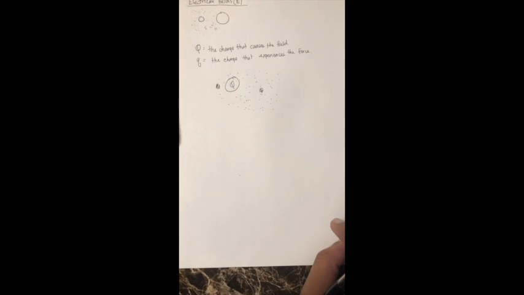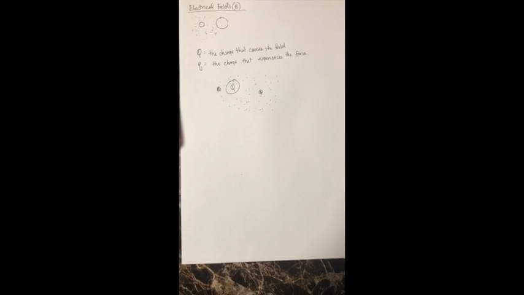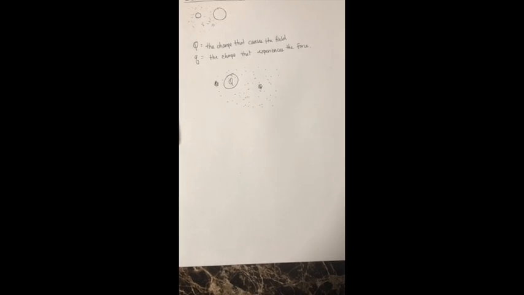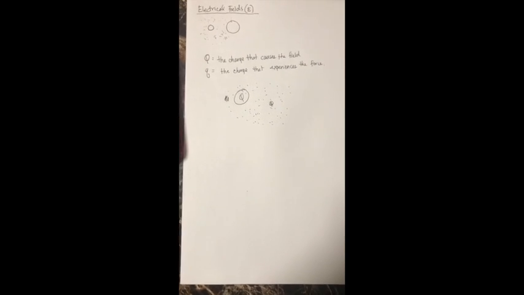So we have two equations for electric field. We have an equation for the charge that causes the field, and we have an equation for the charge that experiences the force.